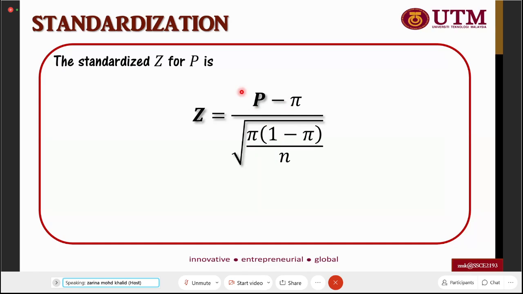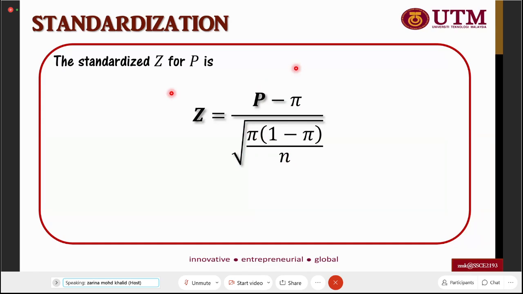When you had X bar 1 minus X bar 2, then Z will be X bar 1 minus X bar 2 minus its mean mu1 minus mu2, divided by its standard deviation, which is the square root of sigma 1 squared over n1 plus sigma 2 squared over n2. Now you have P, so the standardized random variable will be the random variable of interest P, minus its mean pi, divided by its standard deviation, the square root of pi times 1 minus pi over n.